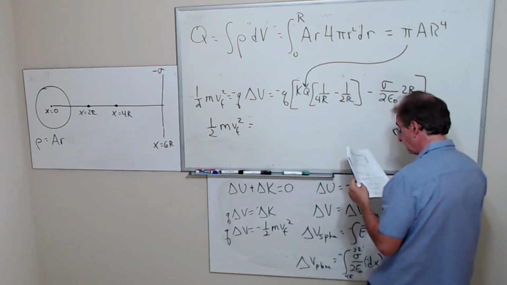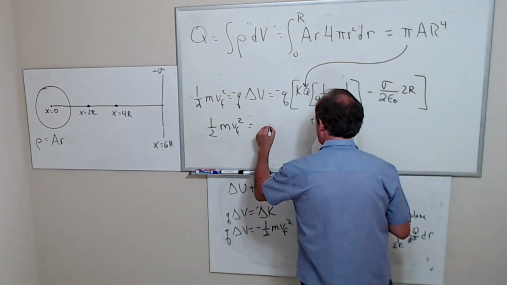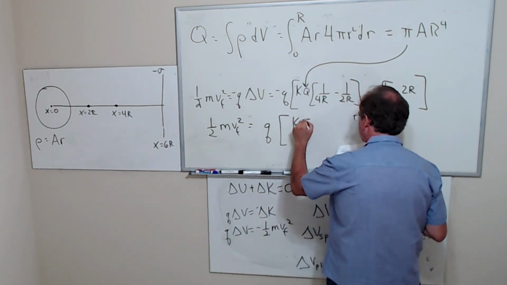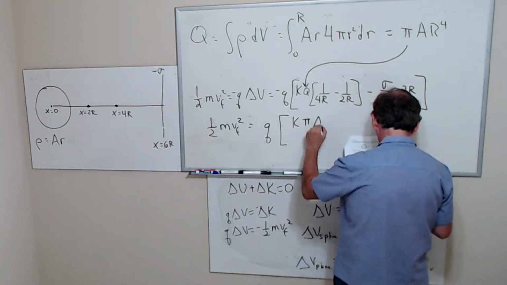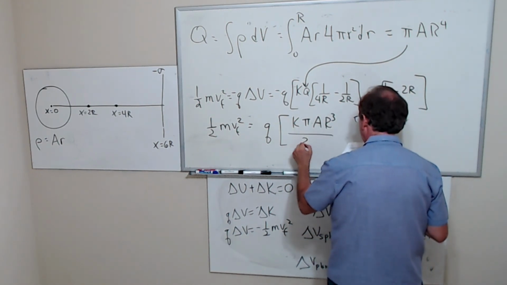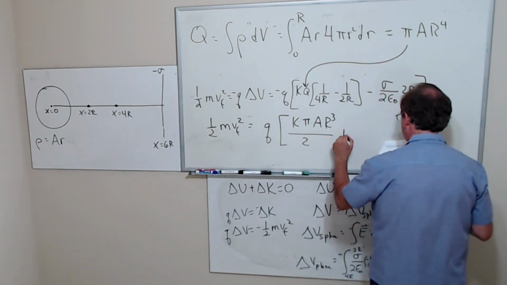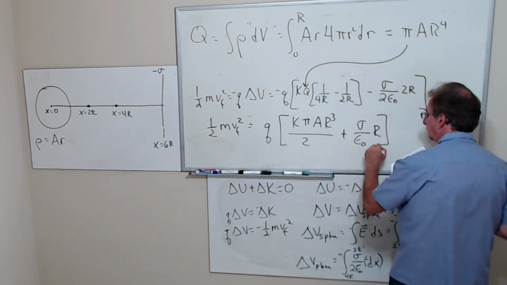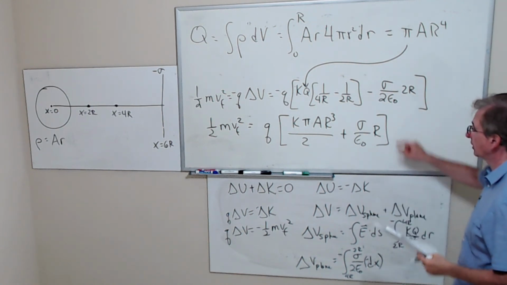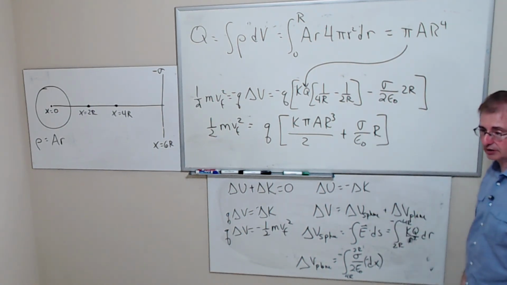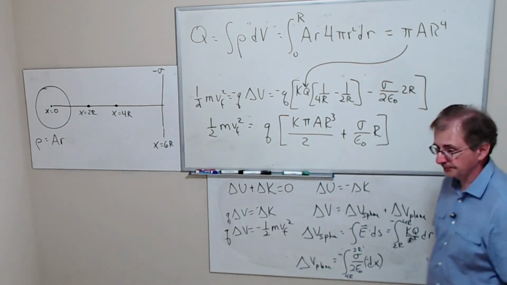Is going to be q times k pi a r cubed over 2 plus sigma over epsilon naught r. And I'm leaving the algebra for you. I'm going from here to here. Okay, so this is not a major step. I mean, once you have this, you're essentially done.